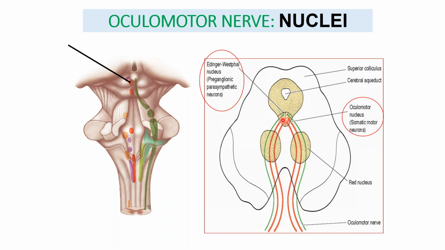So from these neurons in the midbrain level, they are going to form the oculomotor nerve. The oculomotor nerve is going to come out from the midbrain, as we have shown in the previous picture, the representation from the inferior view of the brain.